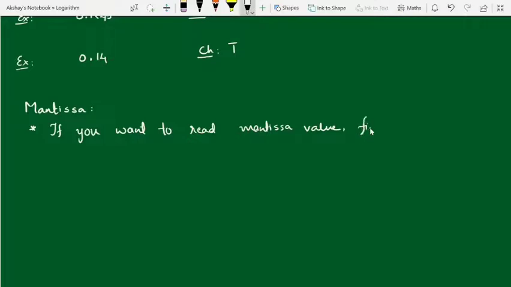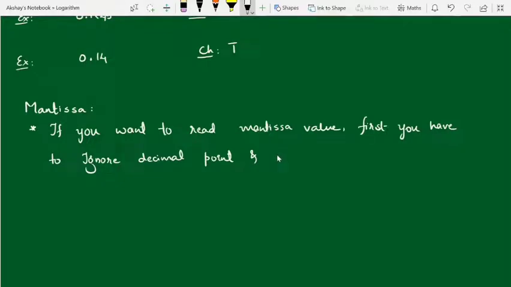First you have to ignore the decimal point. Okay, and consider only the first 4 digits in that number. In that given number you have to consider how many digits?